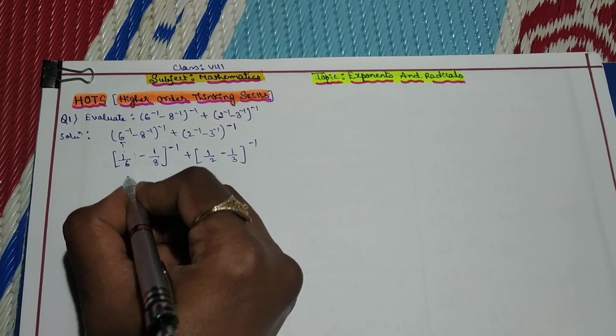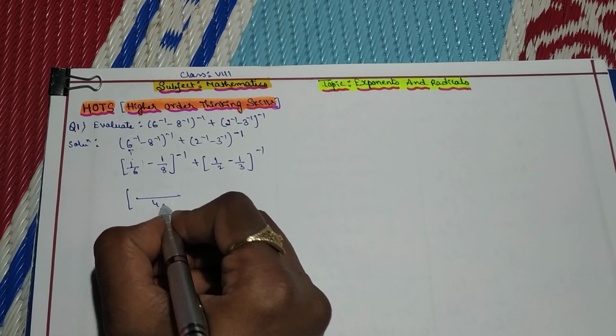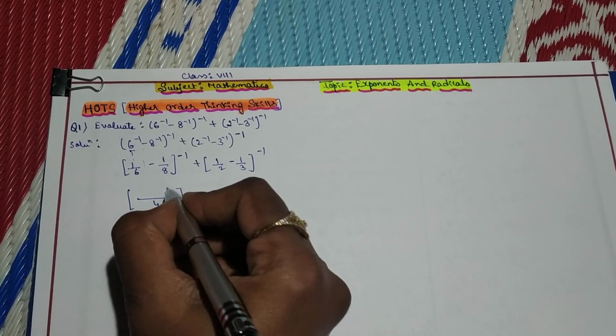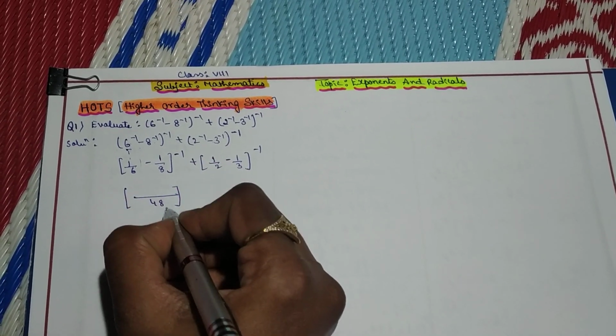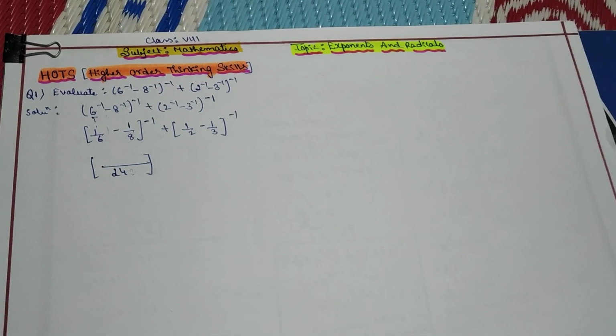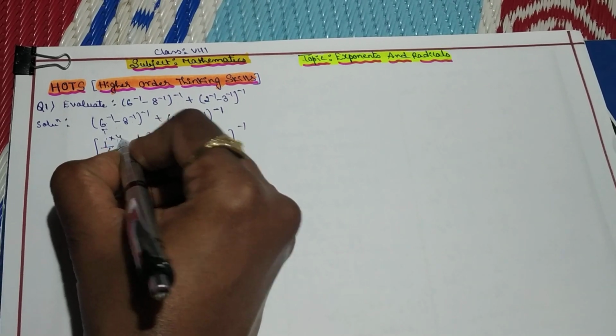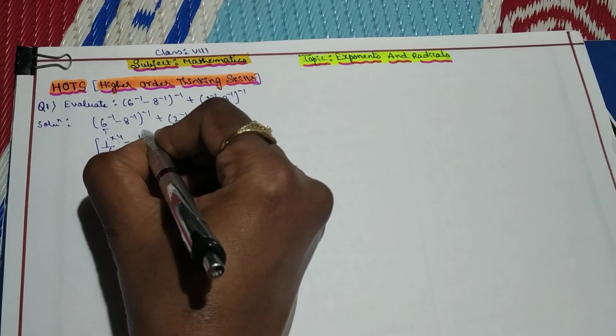First you simplify the inside ones by taking the LCM. The LCM is 24 here, children. So 6 4s are 24, 8 3s are 24.